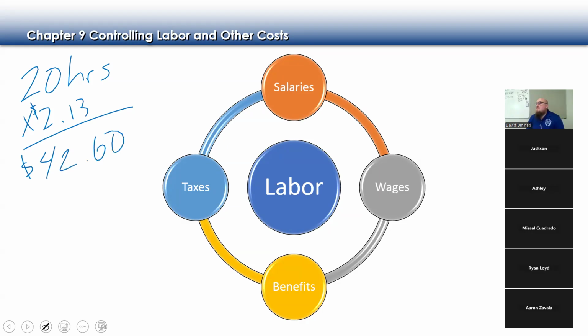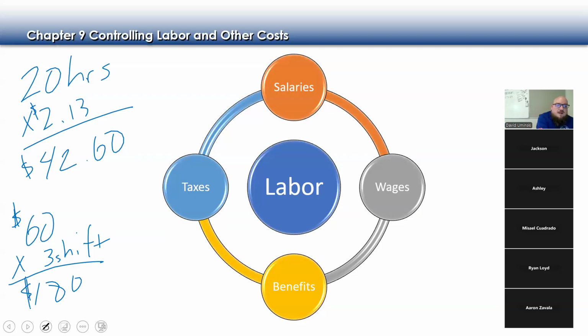So my paycheck after working 20 hours should be $42.60. And you're thinking, wow, that's not a lot. But in those 20 hours, let's say I worked 3 shifts and made an average of $60 per shift. Times 3 shifts, that's an extra $180.